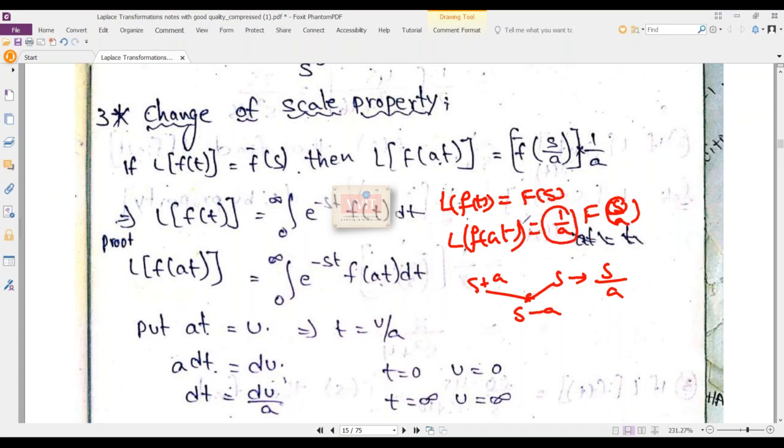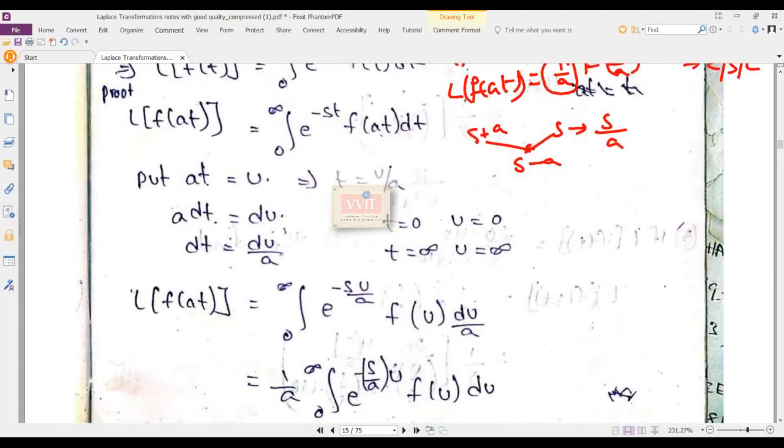So once again we blindly depend on the standard formulae. The standard formulae are algebraic, trigonometric, and exponential functions: t power n, sine and cos, e power ax, sine hyperbolic, cos hyperbolic. Hardly these 6 functions we are supposed to remember for the entire unit.